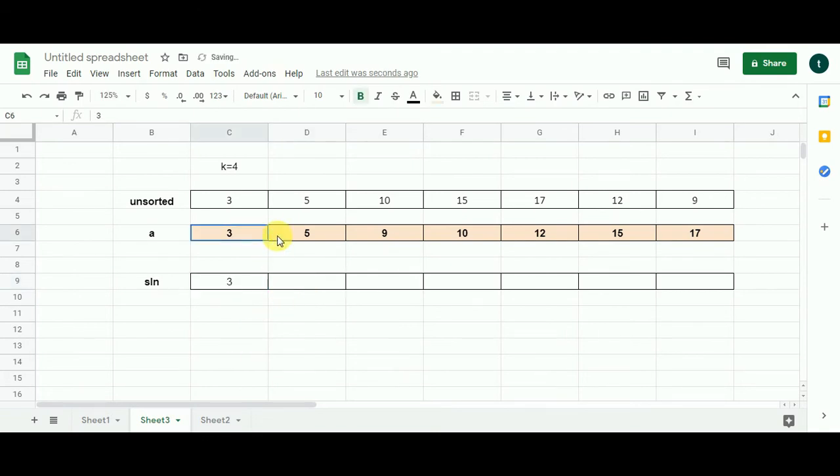Moving to the second subproblem, which involves 5. Now subtract 3 from 5. You get 2. It is less than 4, so these two integers 5 and 3 can form a pair. Hence the sum will be this 3 from my solution array added to this 5 from the problem array, and we get 8. So I populate 8 in this cell.